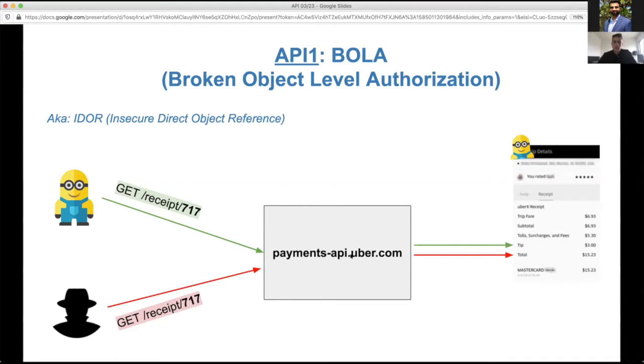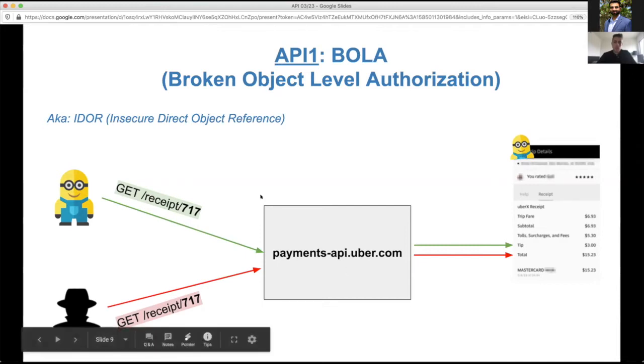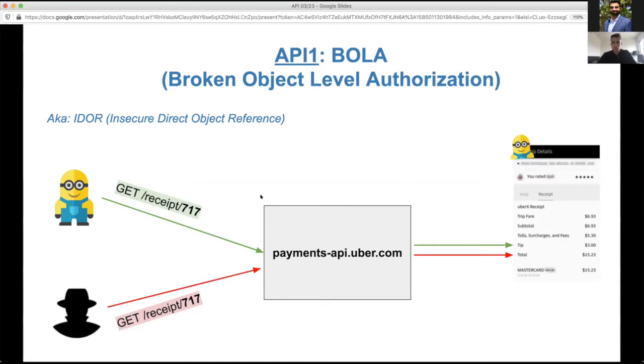What the attacker is trying to do is change his receipt ID to the receipt ID of Bob. So he sends the same exact API call as Bob. In many cases, the developers in the backend don't validate that the receipt actually belongs to the logged in user. And in this case, the attacker can download the receipt of Bob.